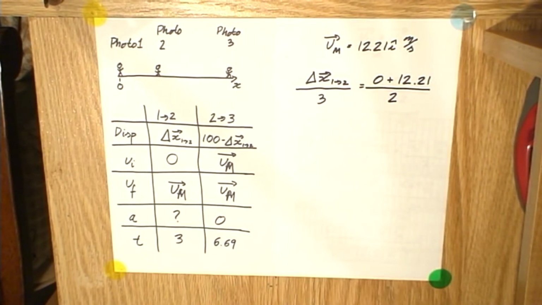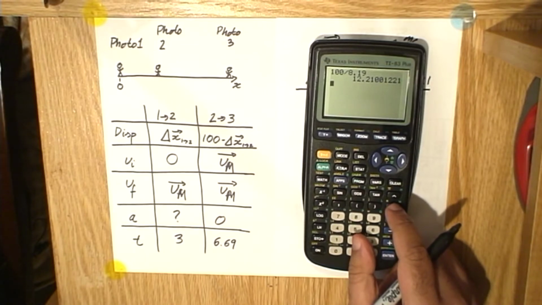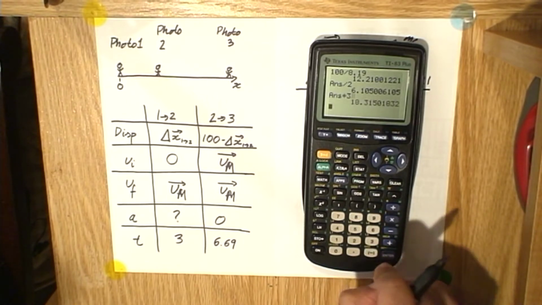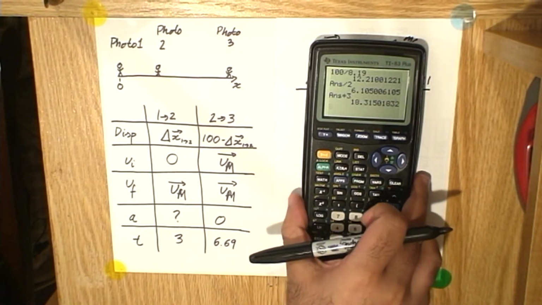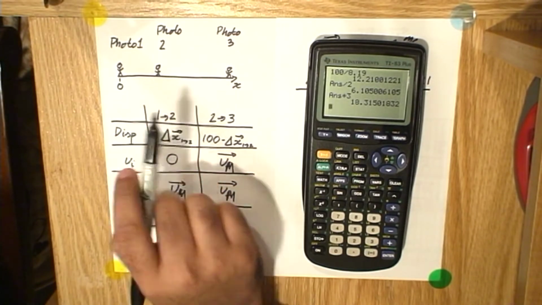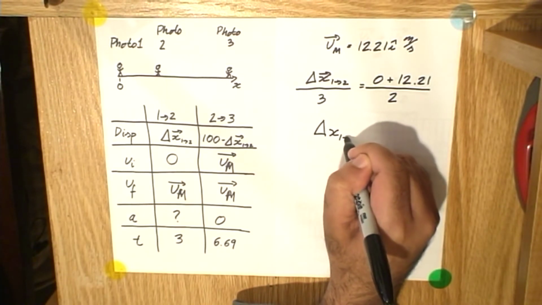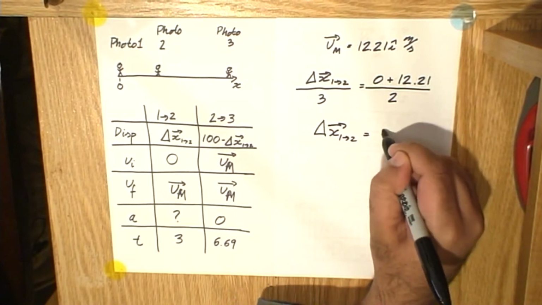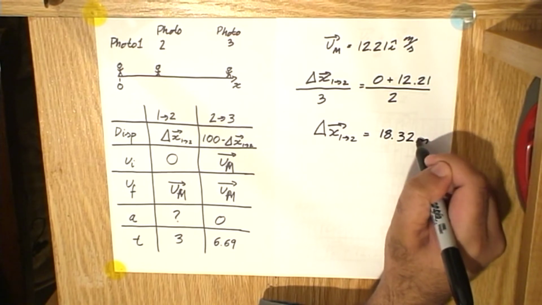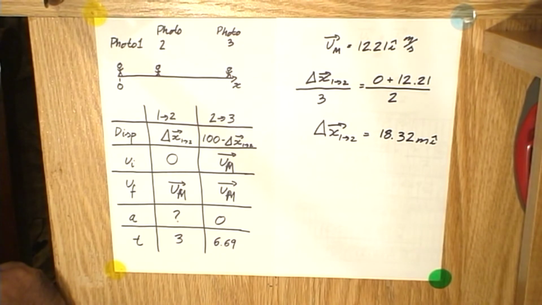So 12.21, 0 plus that will obviously be 12.21, divided by 2, and then multiplied by 3. And we find that the displacement that he experienced between photo 1 and photo 2 was 18.32 meters. And that would be in the I hat direction.